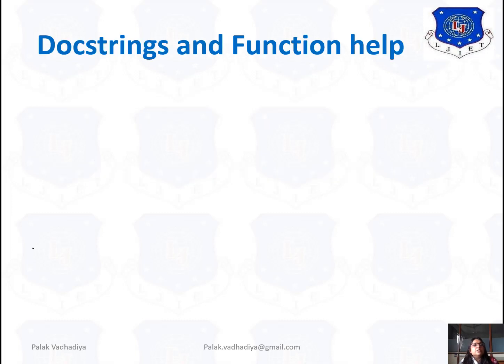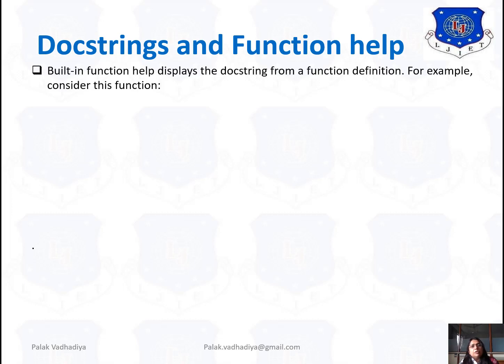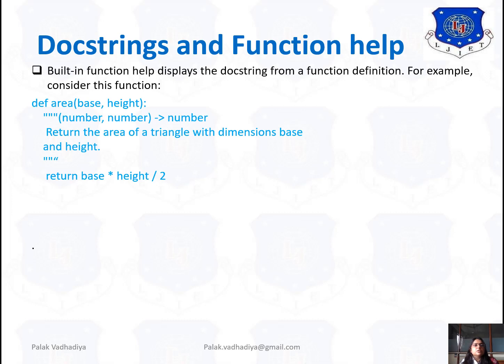Next we will discuss the docstring and function help. The built-in function help displays the docstring from the function definition. For example, consider this code. What is a docstring? Here is the definition. When you want to write any function, you have to start with the command def, which means define function. This is the name of your function.